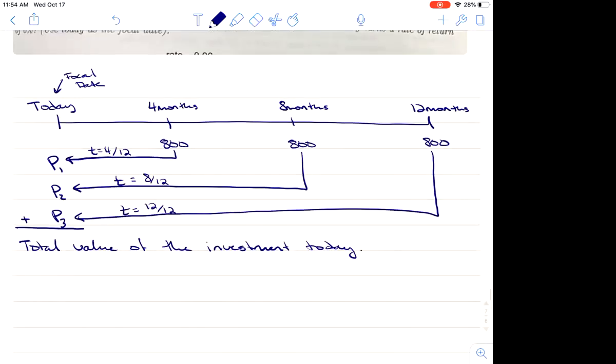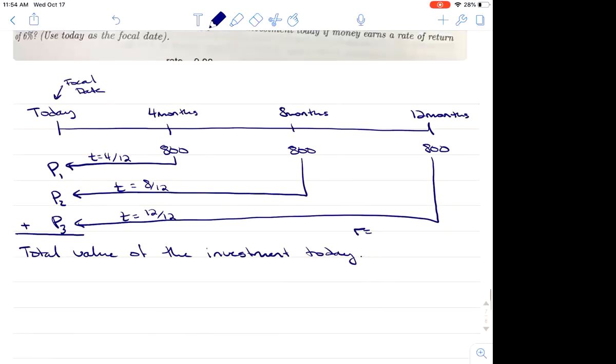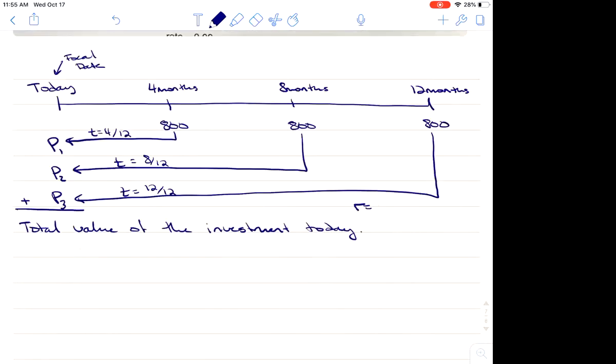And we'll just jot down that the rate we're told is 6% for all of these. We can put it anywhere on our timeline, but it has to be there somewhere. Now, this is your complete timeline. For full marks, you have to have all of this going on.